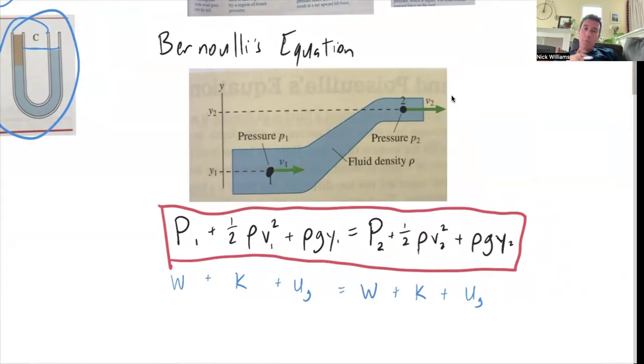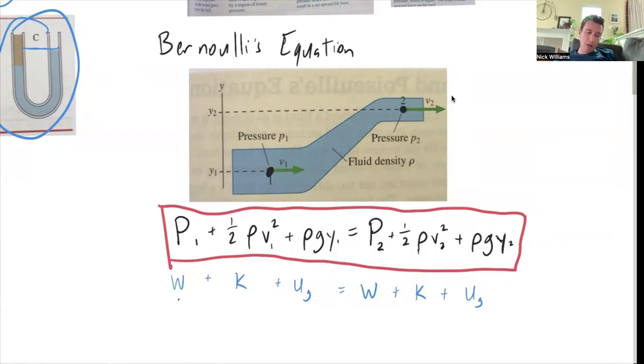So what we're basically doing is balancing the energy. The pressure would be equivalent to the work. The kinetic energy would be represented by 1/2 density times the velocity of the liquid squared. And then the acceleration due to gravity would be the density times the gravity times the height.